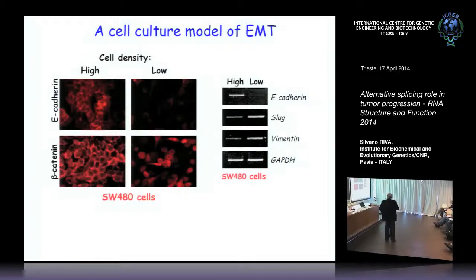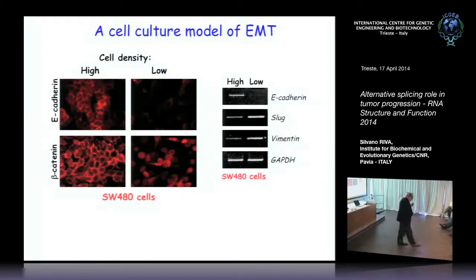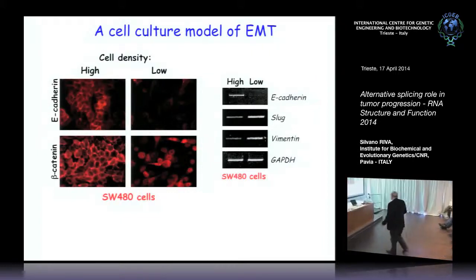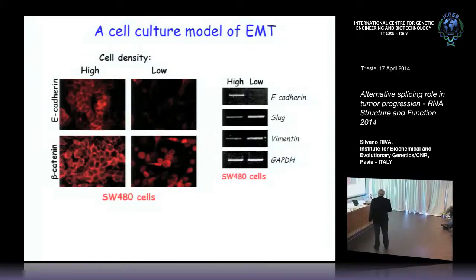What was very nice and sort of surprising is that you can reproduce this phenomenon in SW480 cells. I don't remember which kind, they are colon cancer tumor cells in culture. If you grow these cells at high density or at low density, the growth at low density simulates EMT.